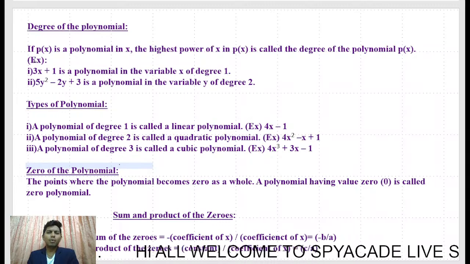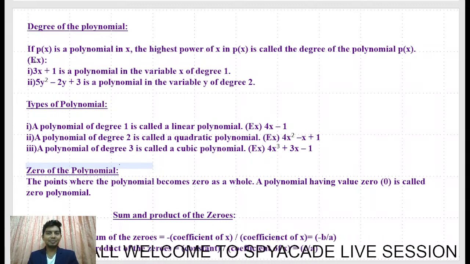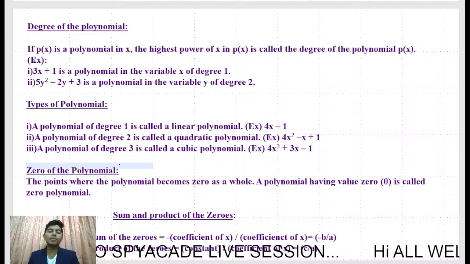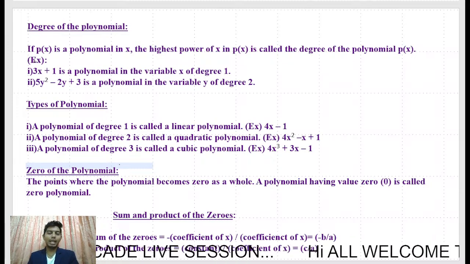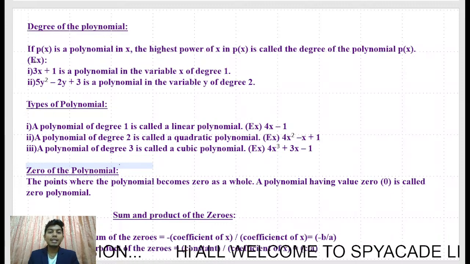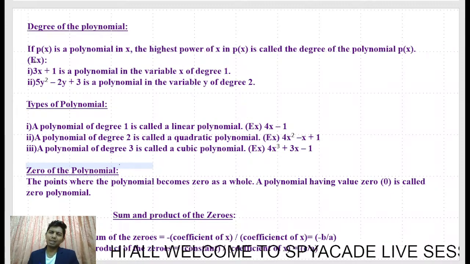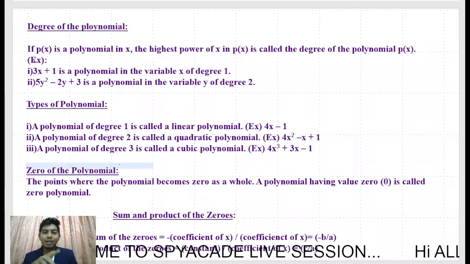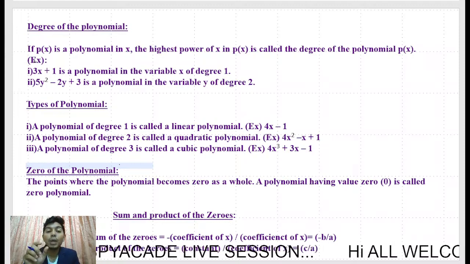What is the degree of the polynomial? Degree is nothing but the highest power of the polynomial expression. For example, here you can see 3x plus 1. What is this x? You can all remember, x is nothing but the variable.